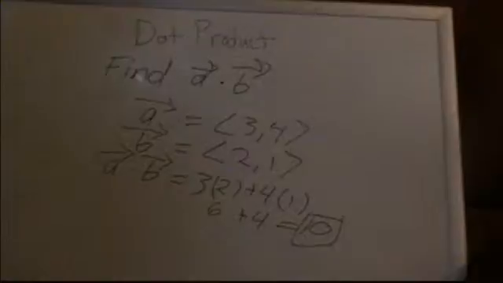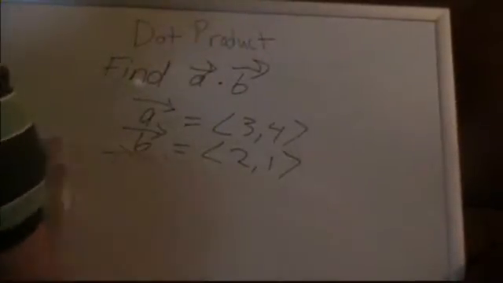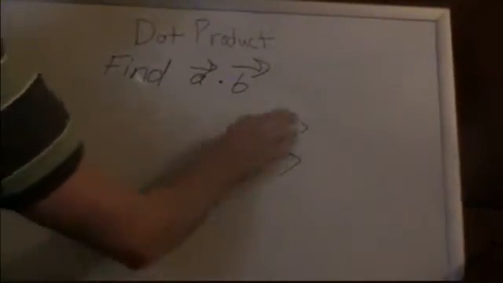Another thing, the dot product, you can use it when you're trying to find the angles between two vectors.